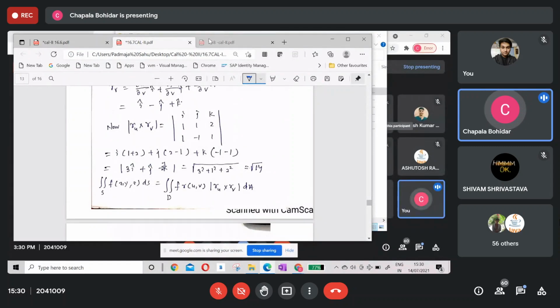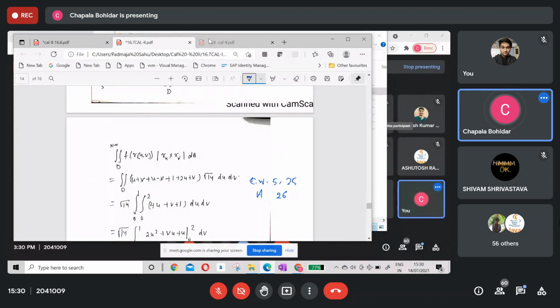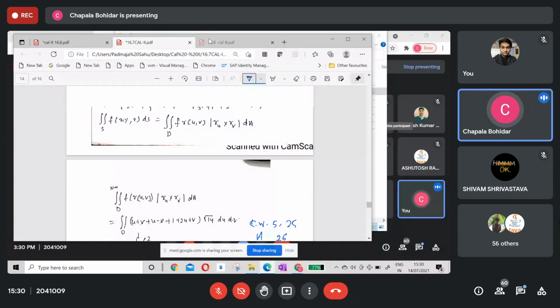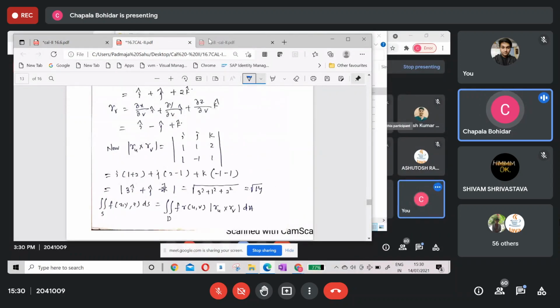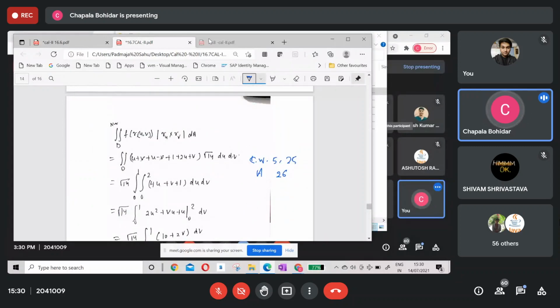The double integration over the surface of f(x,y,z) dS, when converted to parametric form, is f(r(u,v)) times the magnitude of r_u cross r_v dA. The function f is given as x plus y plus z, so we put the value of x in terms of u and v, and y in terms of u and v.